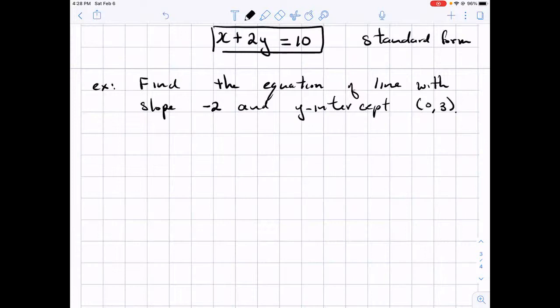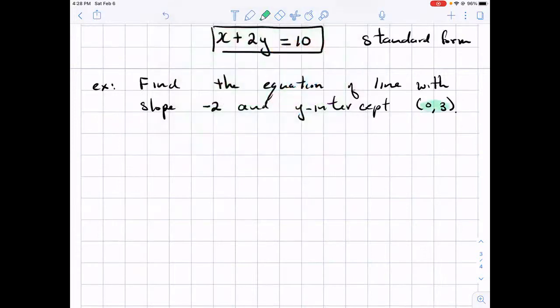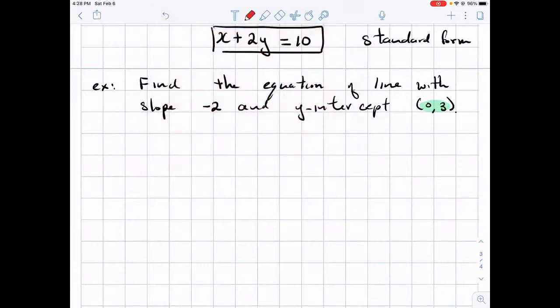Now keep in mind that this is a y-intercept, and we know that because x is 0. So in actuality, this here is my b.